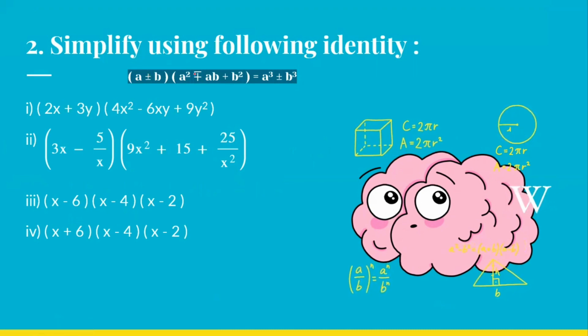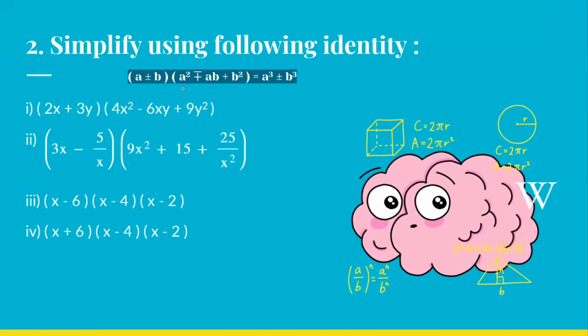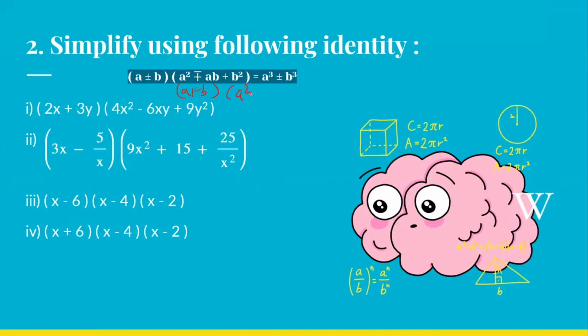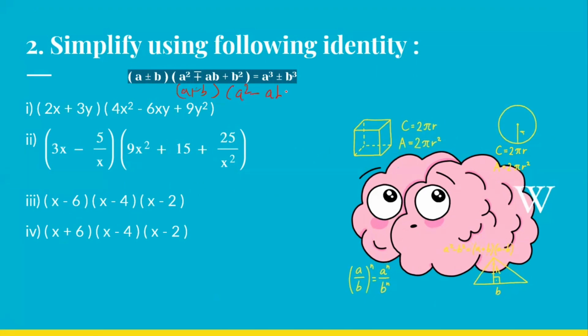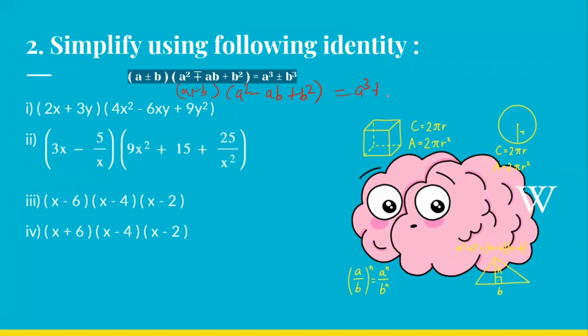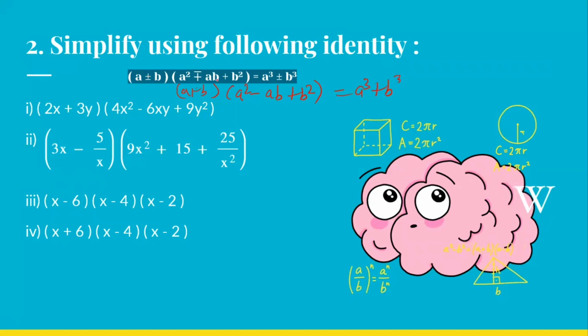When it is a plus b, then this is going to be a square minus ab plus b square, and this is the expansion of a cube plus b cube. Remember that. And when it is a minus b, then all of these are going to be positive.